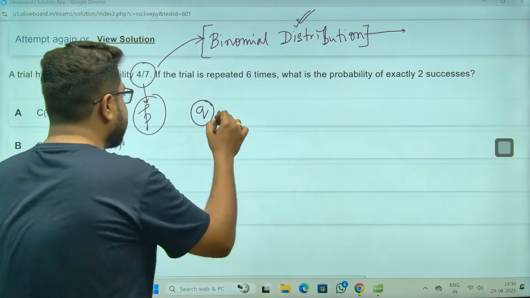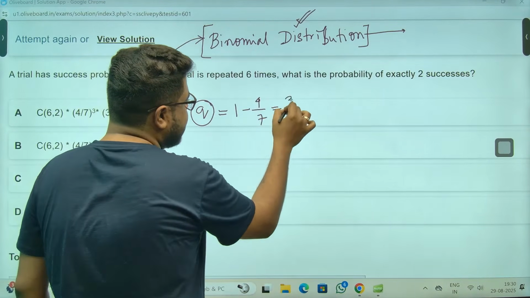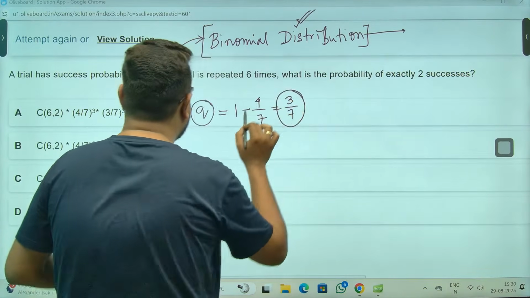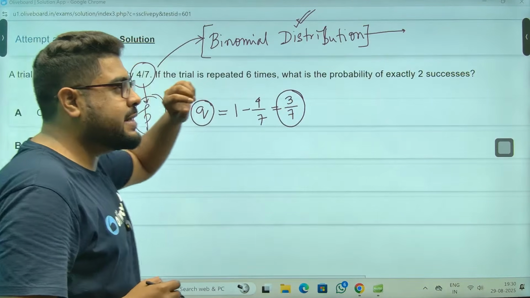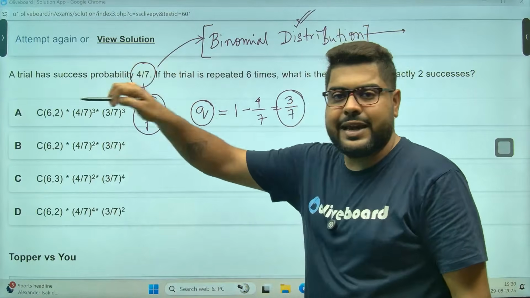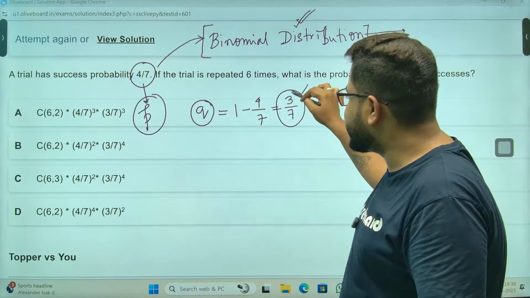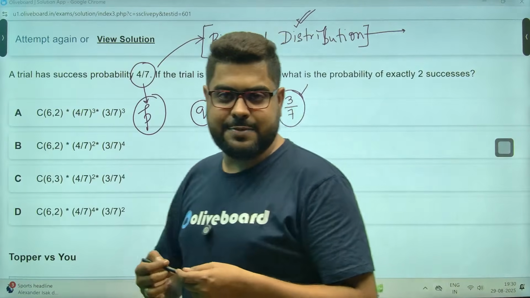So Q will always be 1 minus 4 by 7, or you can say 3 by 7. Or if you want, you can think like this. 4 by 7 means every 7 times I toss, 4 times I get head. So the remaining 3 times I get tail. That is why Q is 3 out of 7. You can think like that as well.